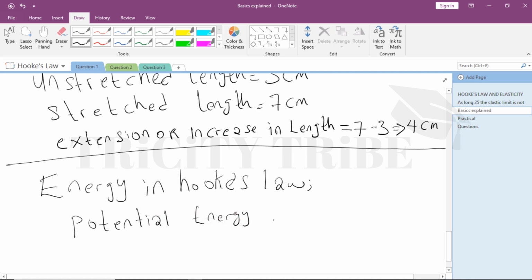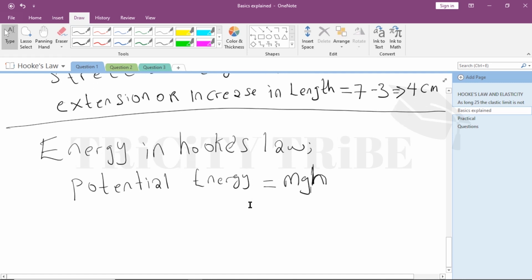And potential energy is written as, this is the formula, or you can say this is the mathematical expression, mgh. Your m is your mass, your g is your acceleration due to gravity.